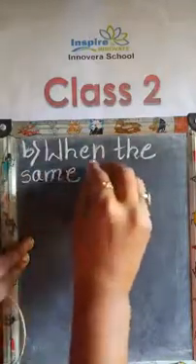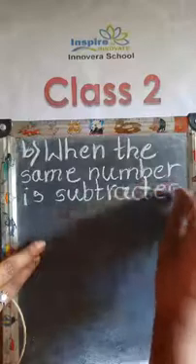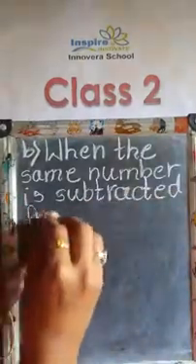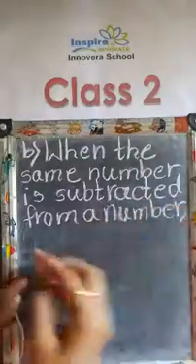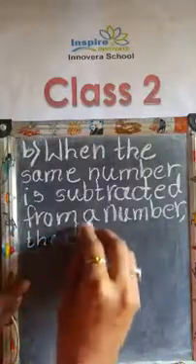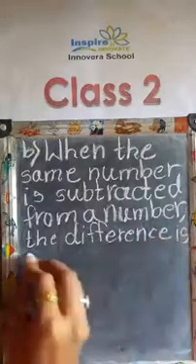B is that when the same number is subtracted from a number, the difference is 0. You can write with me, otherwise afterwards also you can write this after finishing the video.